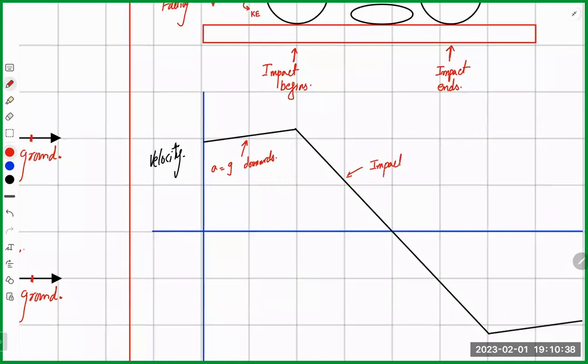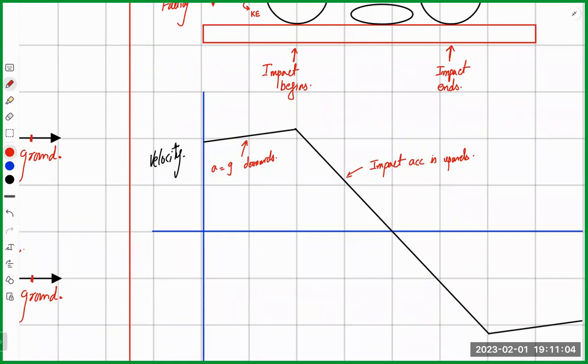Impact acceleration is upwards. If the ball is bouncing on the floor, then the floor must be exerting force in the upward direction on the ball. So if force is exerted in the upward direction, and remember, force and acceleration both have the exact same direction. So if force is upward, it means acceleration is also upwards.